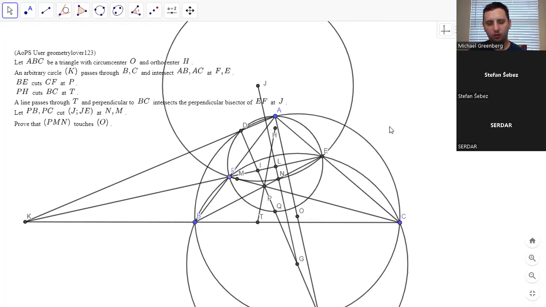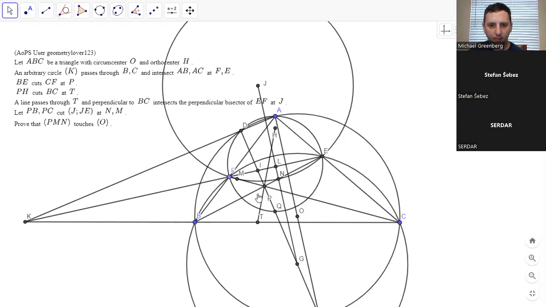Okay. So we want to show angle MDP equals angle MNP.